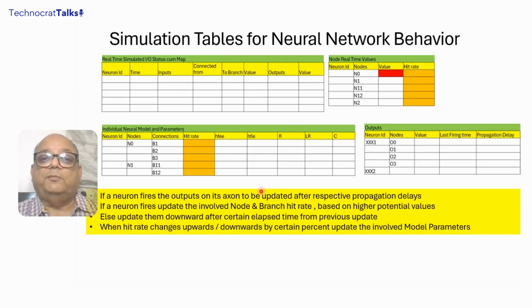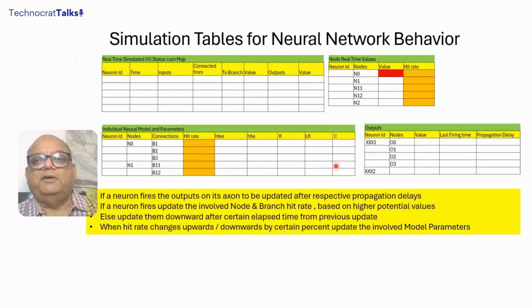After some time, you have to edit these values and make them less prone to fire the neuron. So maybe this resistance will increase, this capacitance value will increase, leakage will increase, and so on. HFE will reduce, HFIE will increase, so inhibitory will increase and excitatory will reduce.